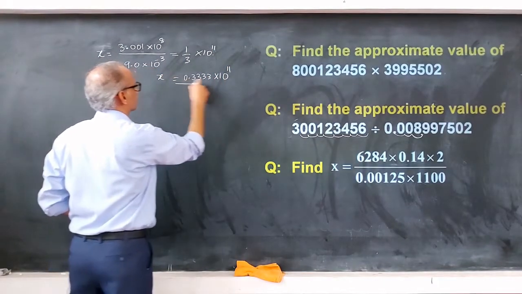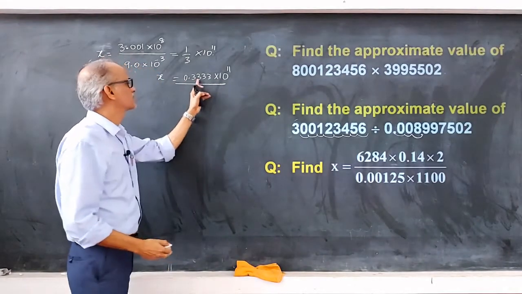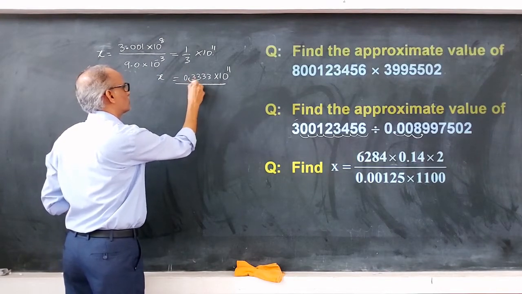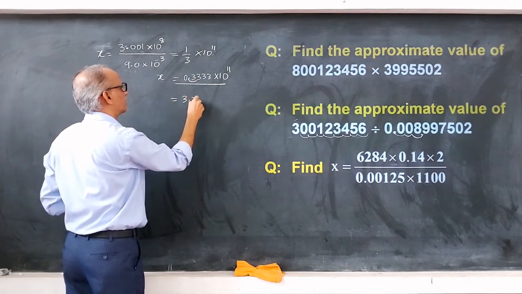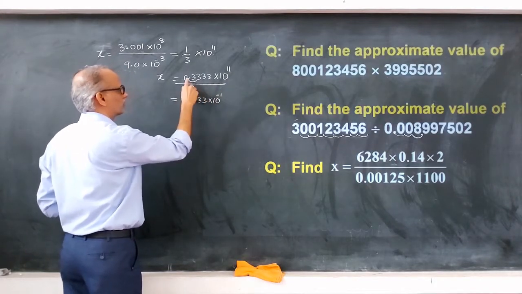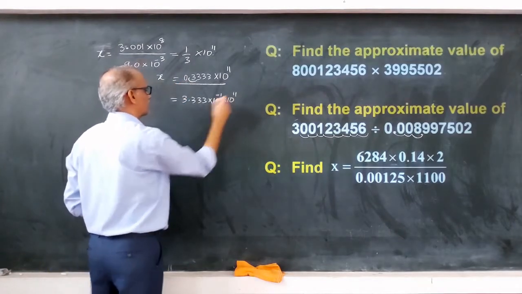So this is x. Further, if you want to shift the decimal, yes, you can do it. You can shift the decimal here. Okay, I will do it just to make you understand. Okay, shift this decimal, you'll get 3.333 into 10 to the power minus 1 because I've shifted by 1, number is lesser than 1, and 10 to the power 11, correct?